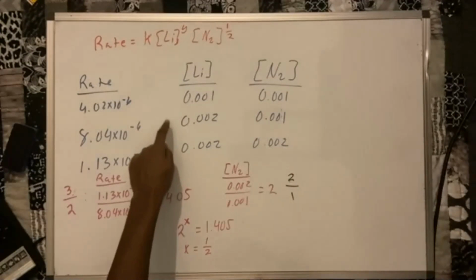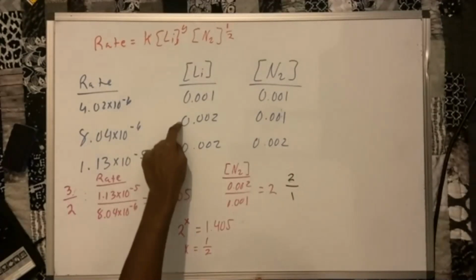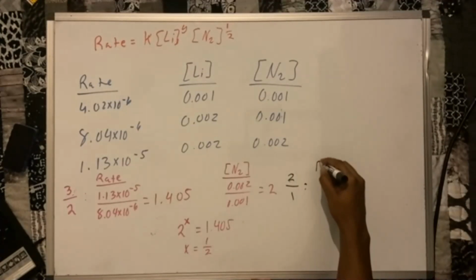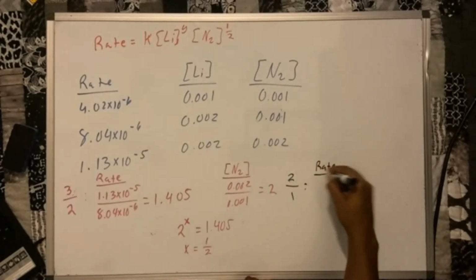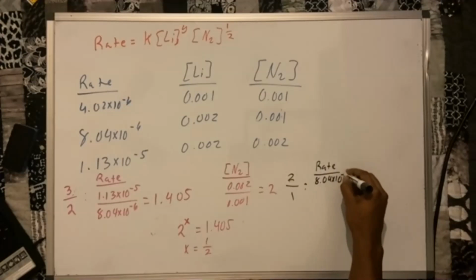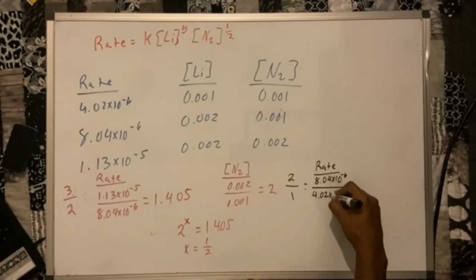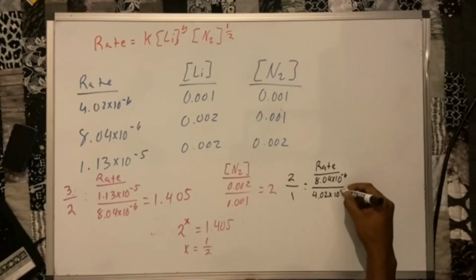Right, because I'm doing these two because lithium changes and nitrogen stays the same. So 2 over 1, I got the rate is 8.04 times 10 to the negative 6 over 4.02 times 10 to the negative 6.